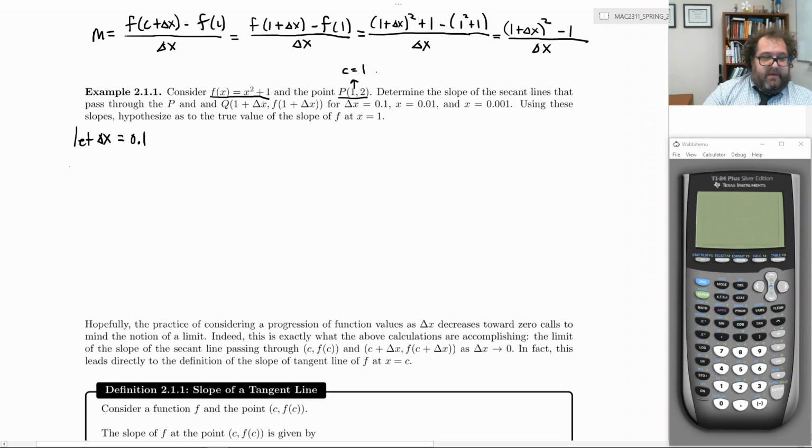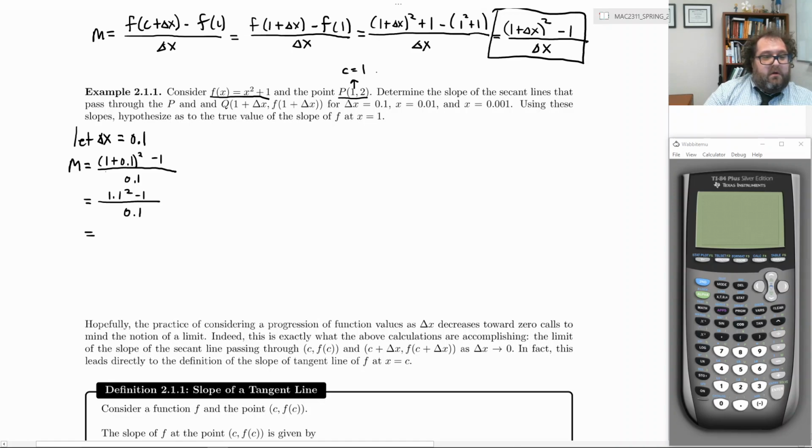Okay, so let's see what we get. We get m equals, now if you plug into this guy right here, well, of course, it's a fraction. We get (1 plus 0.1) squared minus 1 over 0.1. If we simplify a little bit, 1 plus 0.1 is 1.1, squared minus 1 over 0.1.